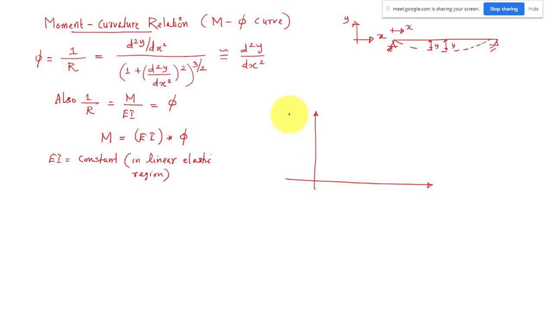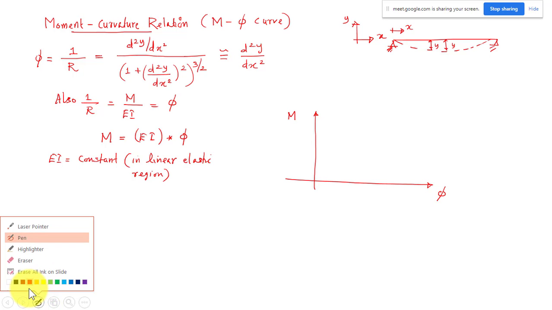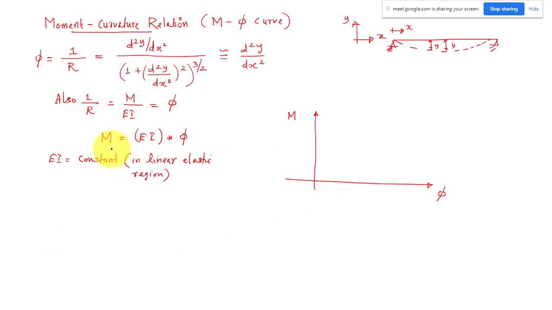If you take your moment on the y-axis and your curvature on the x-axis, initially it will be a straight line. It is proportional in the linear range. Then there will be a curved transition, and then it will go like this.